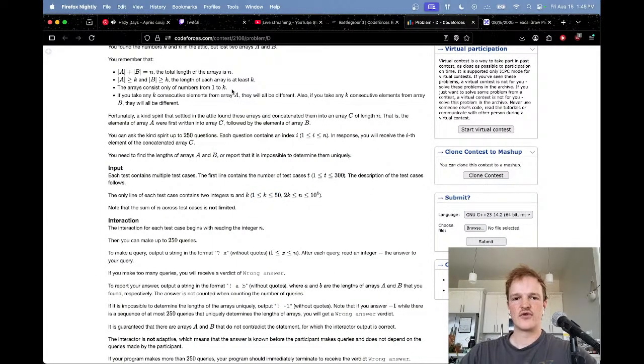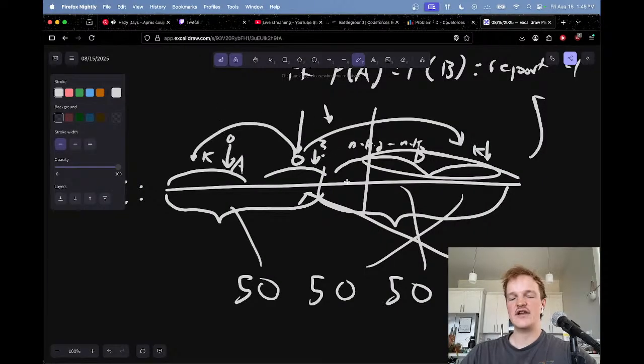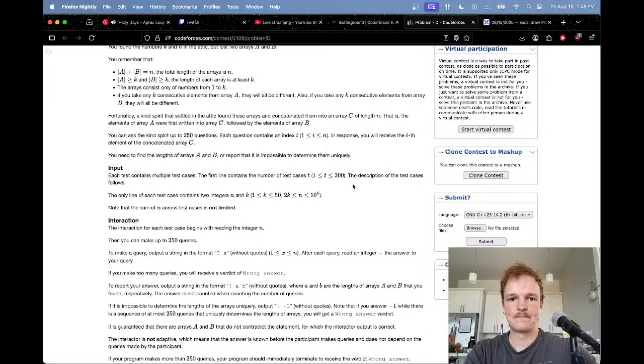Greater than or equal to K. And then in that, you would need to find the surrounding area, but you only have 50. Impossible to determine them uniquely.